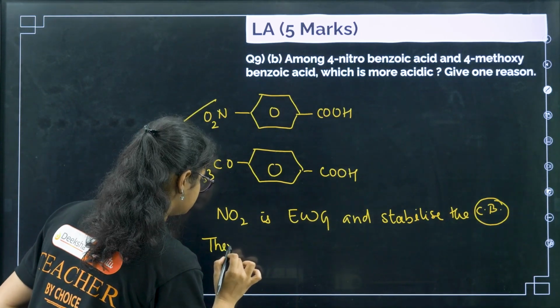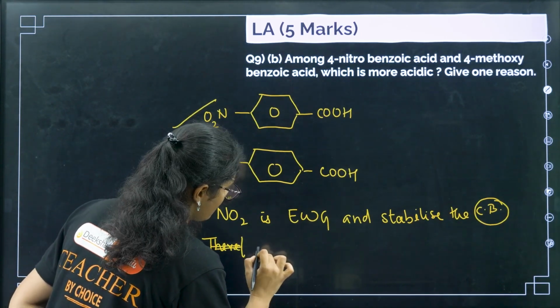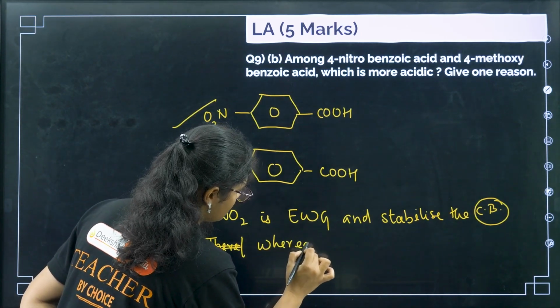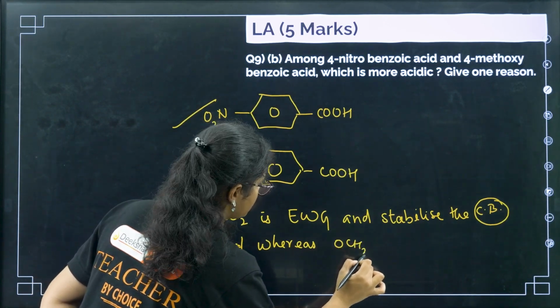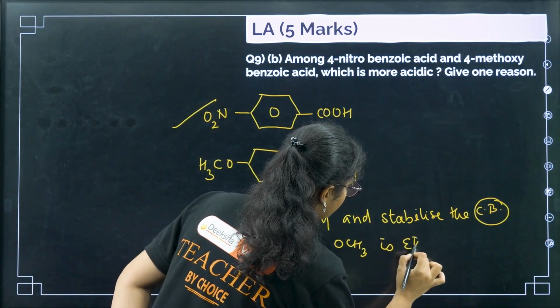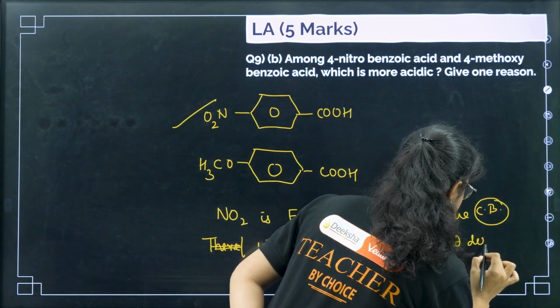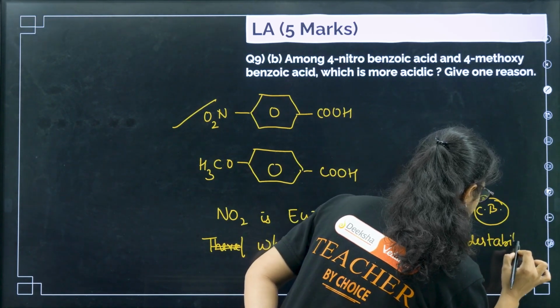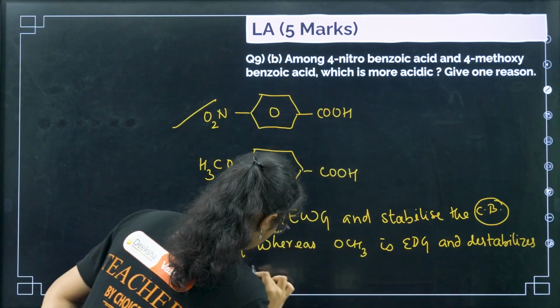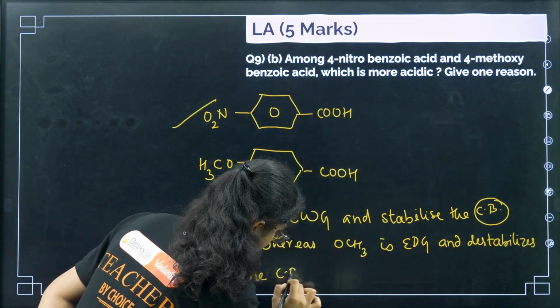Whereas OCH3 is electron donating group and destabilizes the conjugate base.